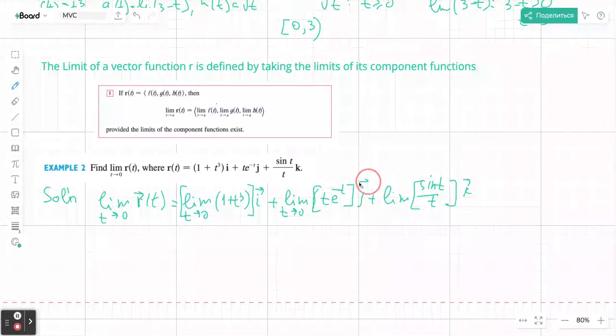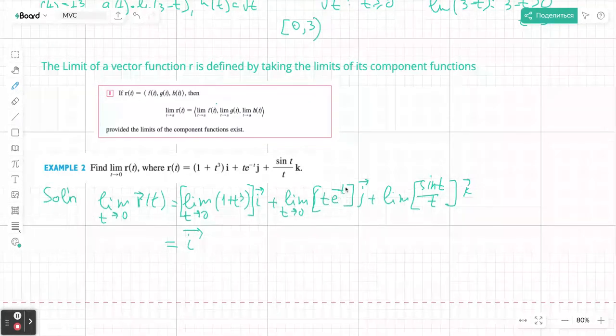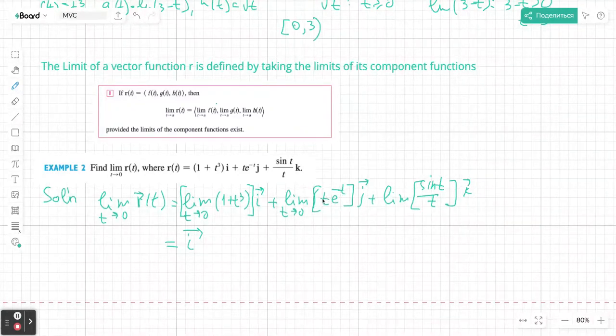You already know from calculus that when t approaches 0, the first limit is going to be 1, so that's going to be i. When t approaches 0, e to the negative t decreases faster than t grows, so that limit is 0. And then sine t over t, when t approaches 0, is going to be equal to 1 as well. So at the end, we're going to get just i plus k. So the limit is going to be i plus k.